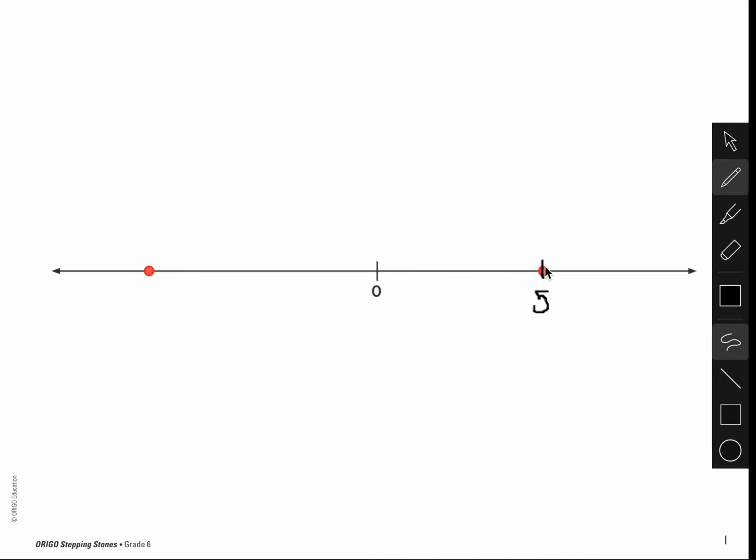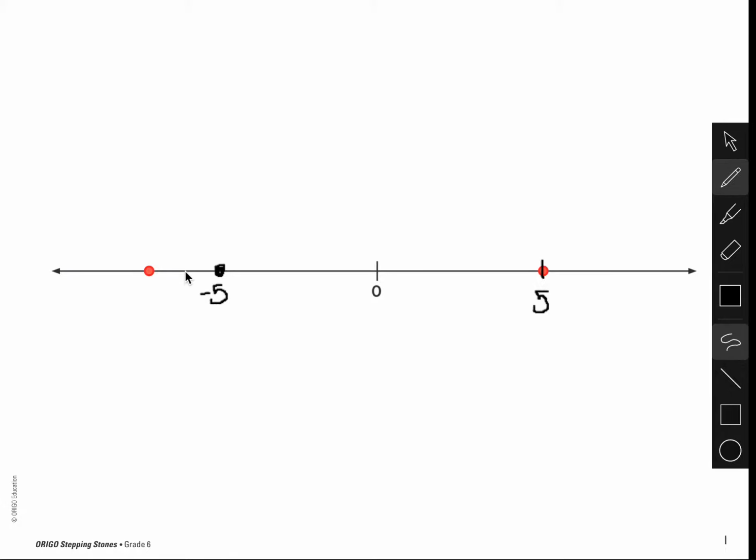So if we're looking for the opposite of 5, or -5, that would be the same distance from 0, but on the opposite side of 0. So I would place -5 about right here. Okay, we know that this would be -4, -3, -2, -1.